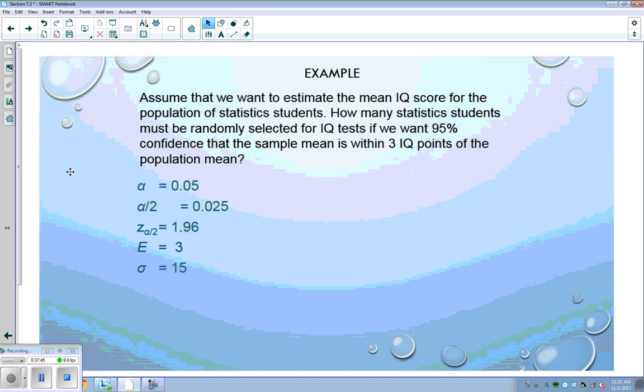So, do you think that statistics students' mean is going to be different than the population mean? I've got some people going, yeah, I agree.